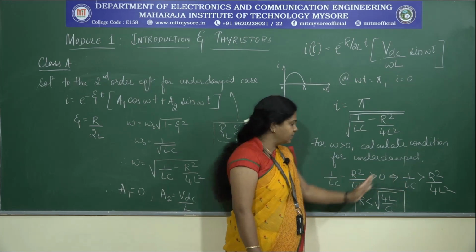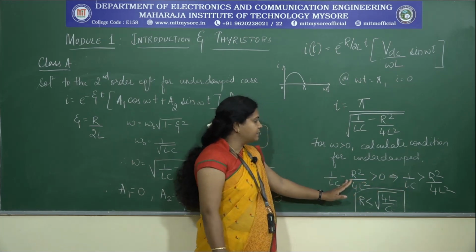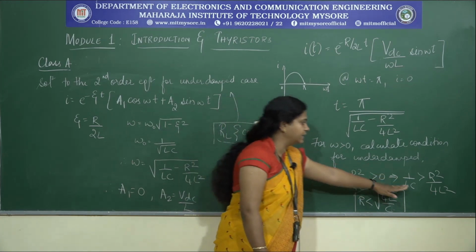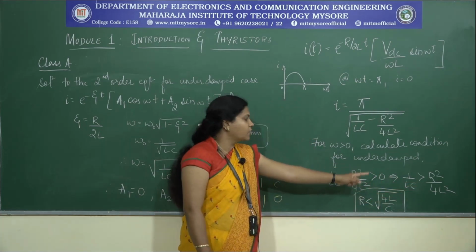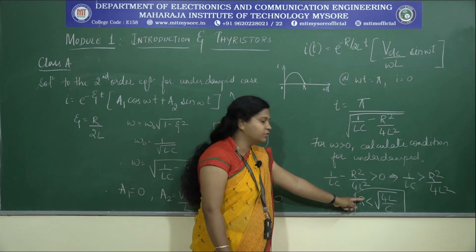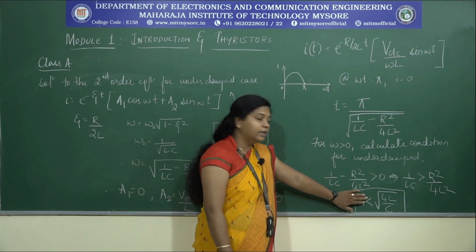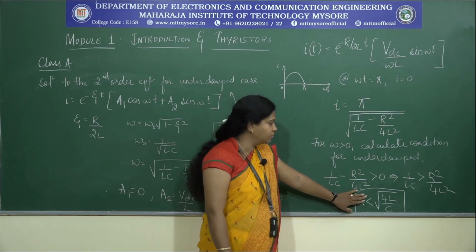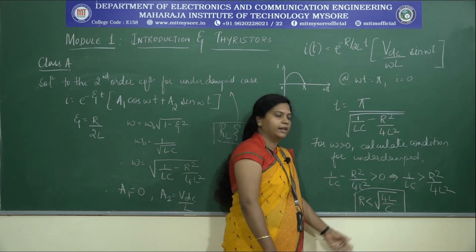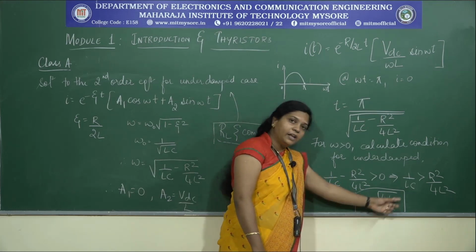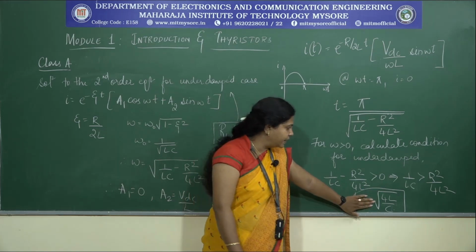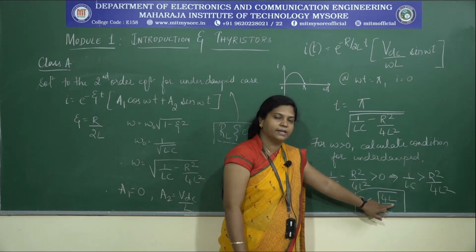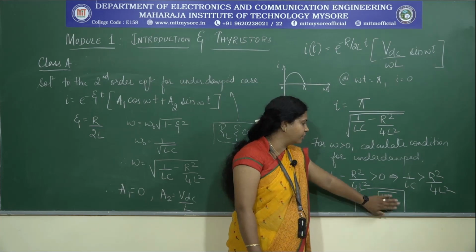So 1 by LC minus R square by 4L square is greater than 0. Bring the R square by 4L square term to the other side, and you will get 1 by LC greater than R square by 4L square. You should find out the value of the load resistance that you can use for the given values of L and C. Depending on this condition, the load resistance should be less than 4L by C, where L and C are the commutating components.